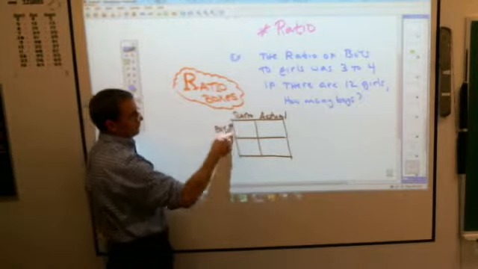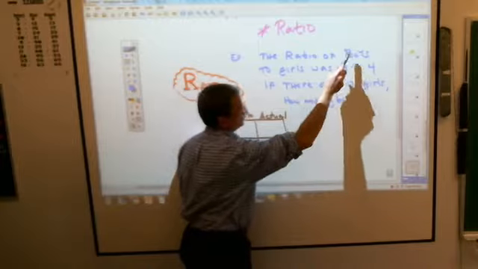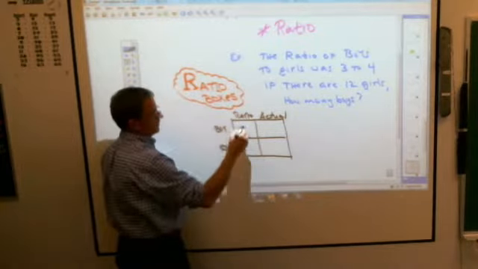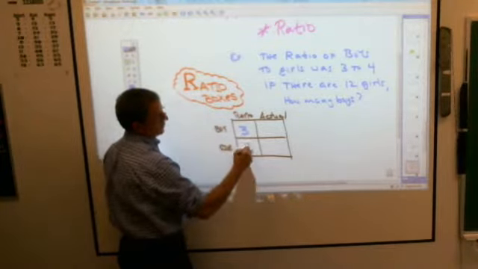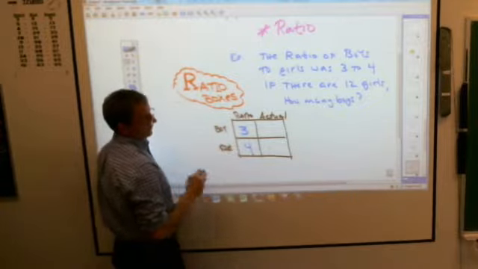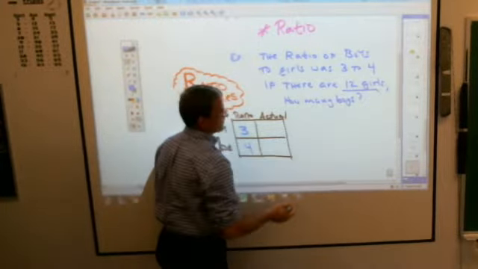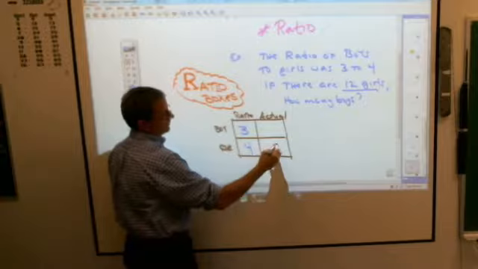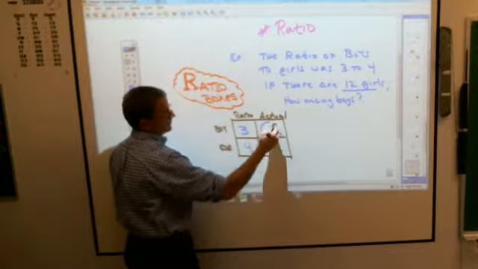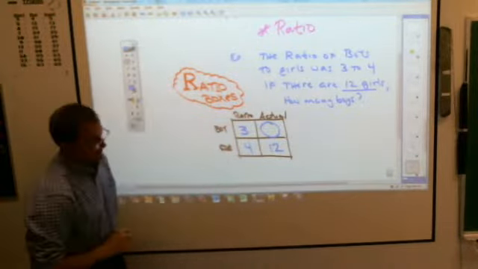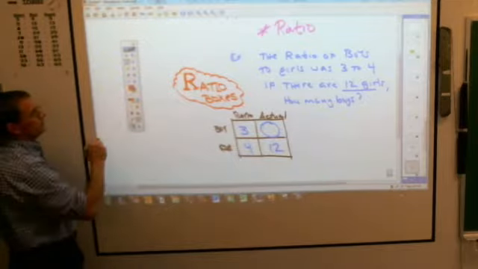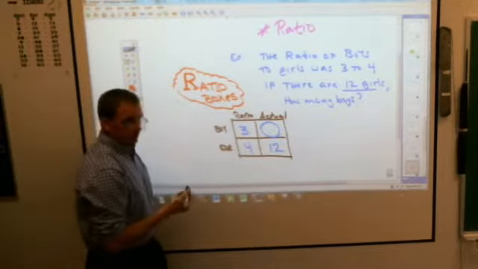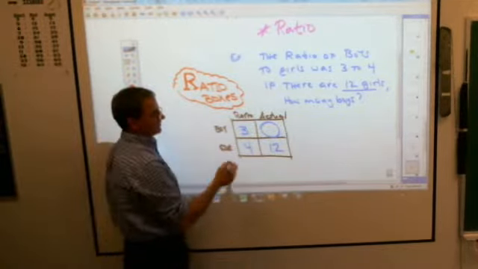What is my ratio of boys to girls? It says right here, ratio of boys to girls was 3 boys for every 4 girls. If there are 12 girls, that's my actual. I put that here, and I am looking for this box here. When you do this, what you're doing is just making equal fractions.